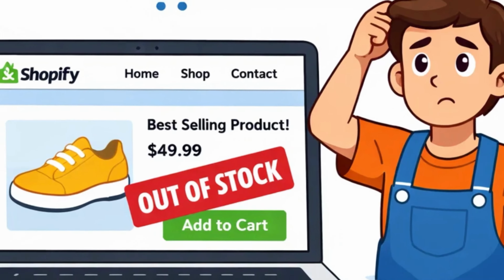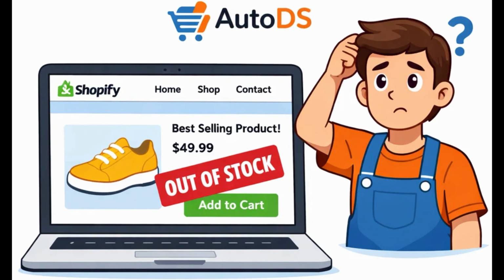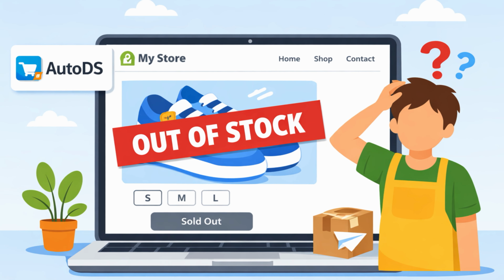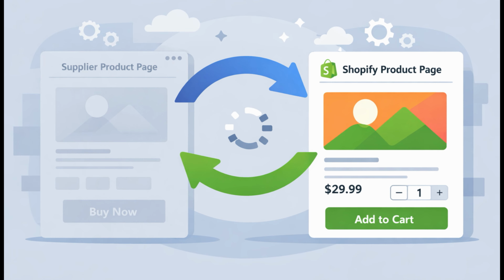So now let me talk about the main reasons. Let me talk about 5 reasons AutoDS sends products out of stock. Just listen attentively, because all of these are very important and will help you make the best decision. The first reason is that the supplier might be truly out of stock. It happens.